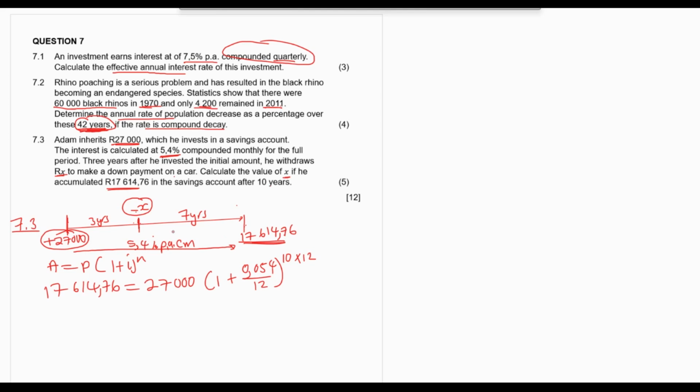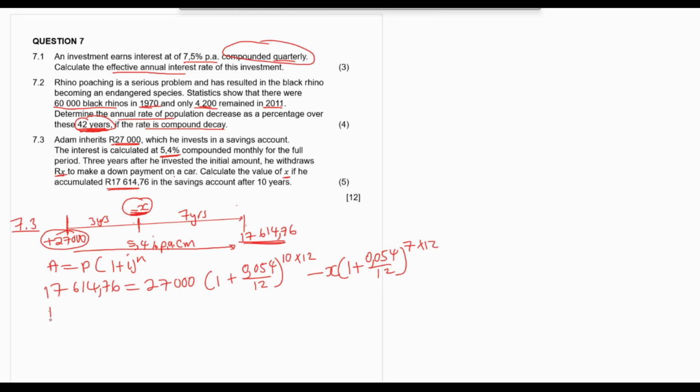Right, we're done with 27,000. Then this is a withdrawal, so it means you are subtracting, and you subtract it with its interest. So it's going to be minus x times 1 plus 0.054 over 12. And then it's there for 7 years, 7 times 12. Like that. Right?